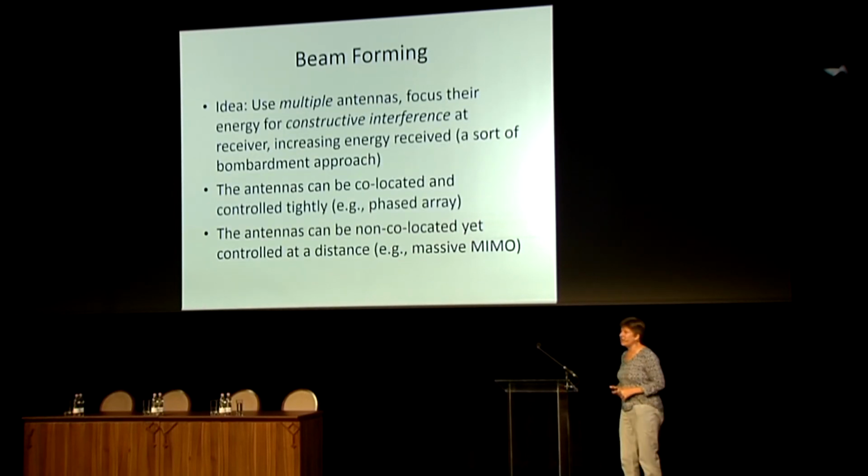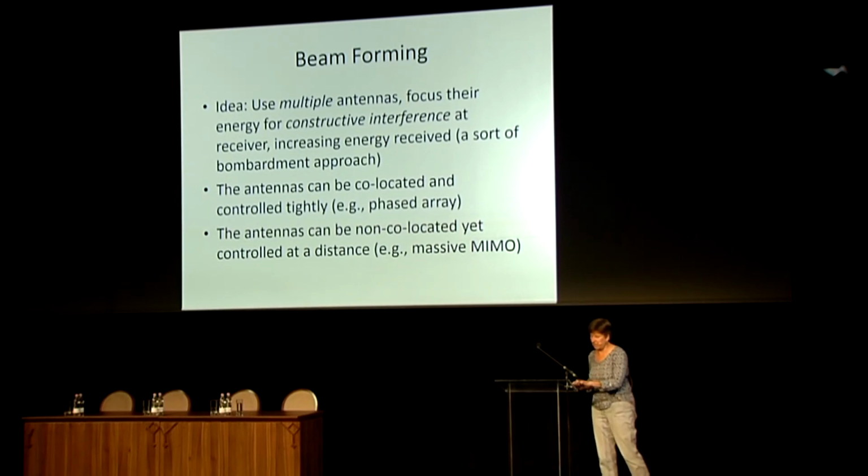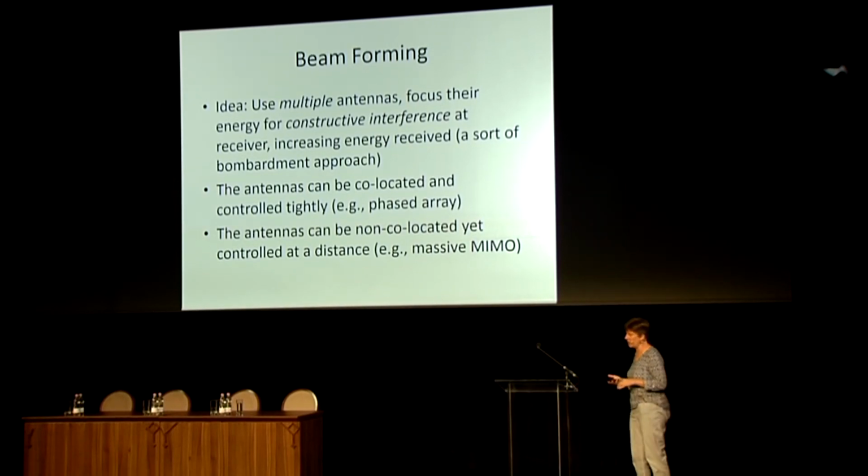Okay, so now beam forming. So antennas are central to the papers in this session. Beam forming is also central to most of the papers in this session. And the idea of beam forming is if you use multiple antennas, you can direct them so that their energy essentially adds together rather than interfering with each other.